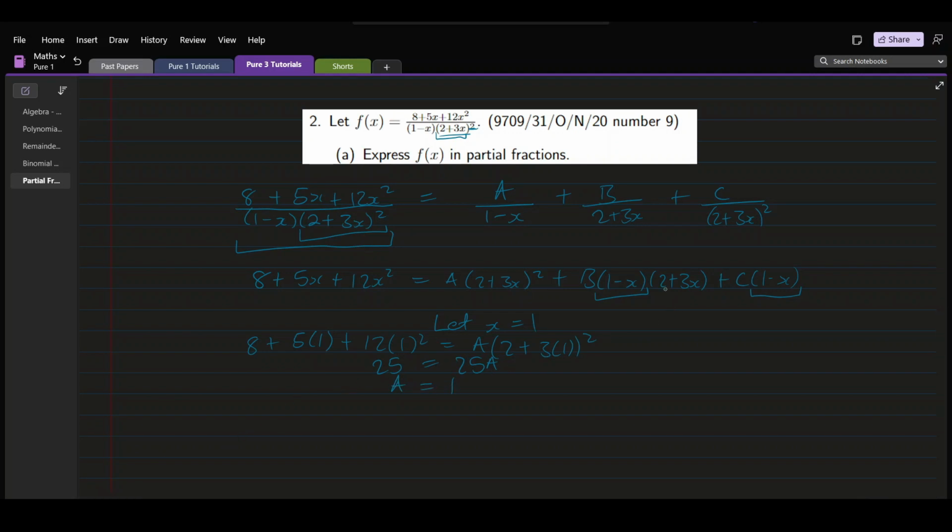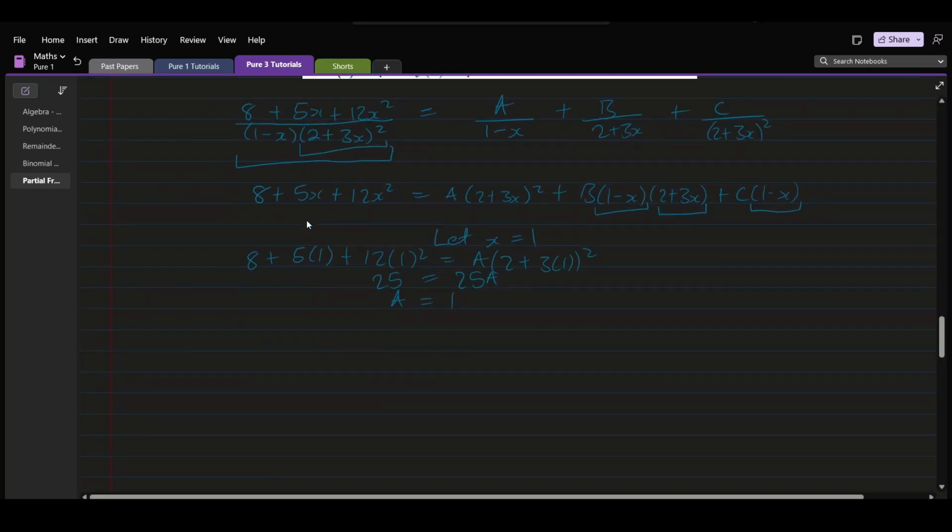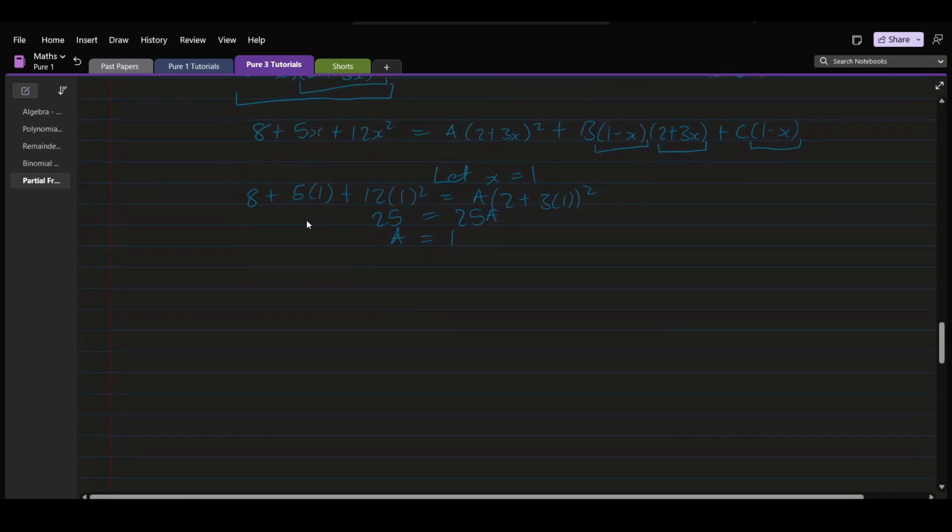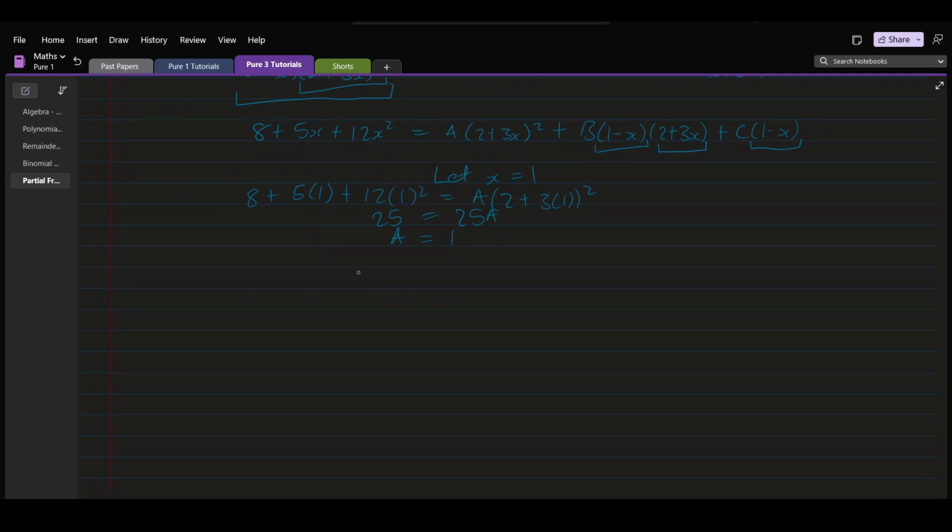Okay, and then we've got the bracket 2 plus 3x. So to make that bracket equal to 0, we can let x equal to negative 2/3. And that will eliminate a and b. So that allows us to evaluate c. So we're going to say let x equal negative 2/3.